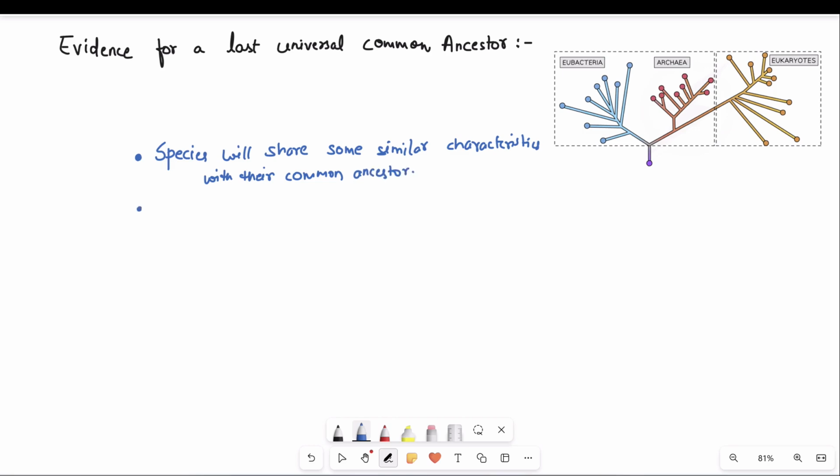Second, if you talk about some examples, we can say the bone structure of the vertebrate forelimbs. This is a very common example.